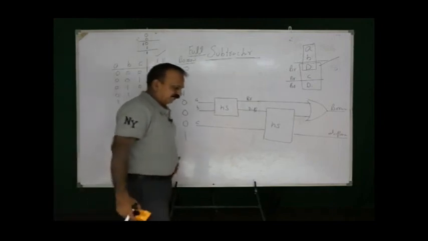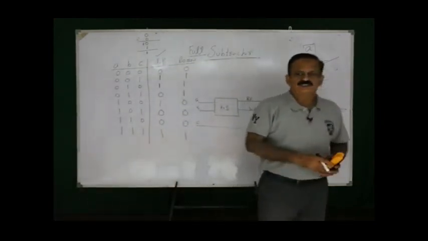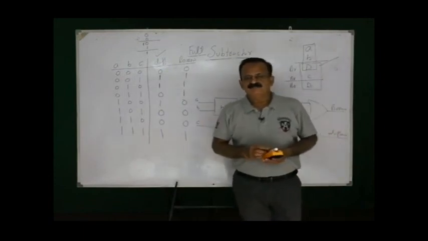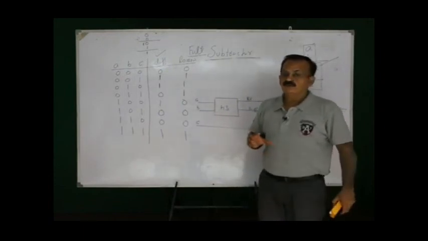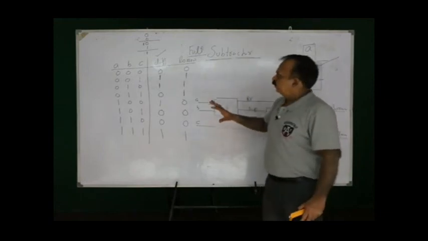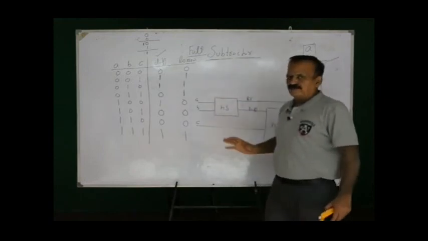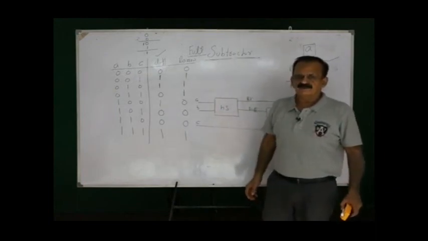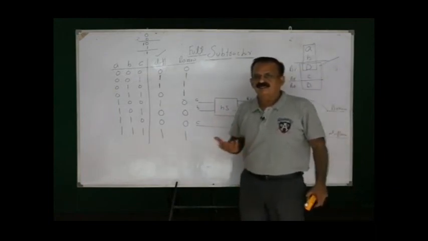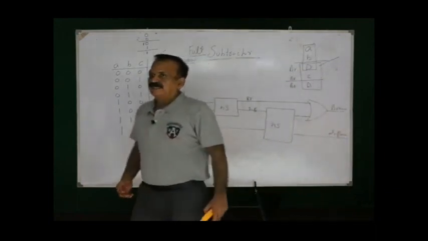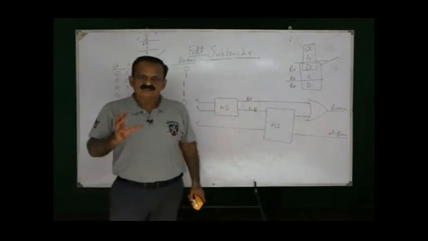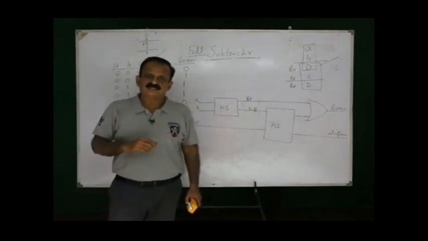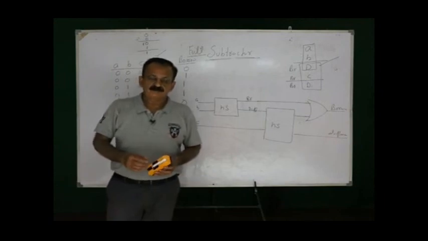Now after the lecture, this is now the question time. In question time, we will be going through those questions which are applicable to this particular topic. The first question can be straightforward: what is half subtractor and how is it implemented? Another can be: what is a full subtractor and how is this full subtractor circuit implemented?